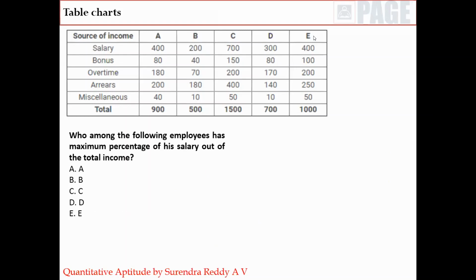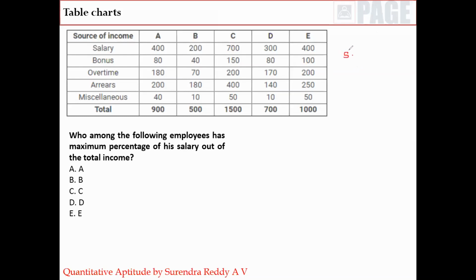So what you have to do basically, I'll tell you. You can do the calculation part. Who among the following employees has maximum percentage of salary out of the total income? In the earlier case, we discussed the bonus is what percent of income, but now salary is what percent of total income.